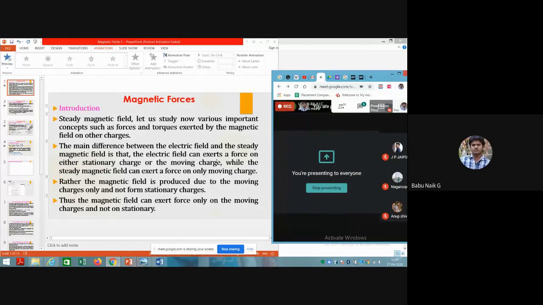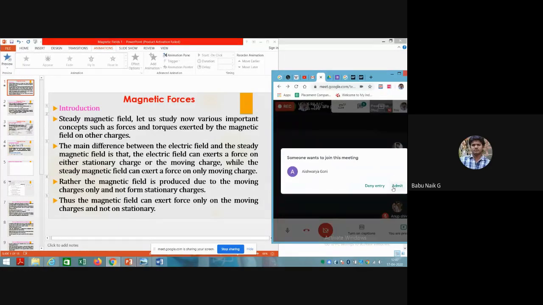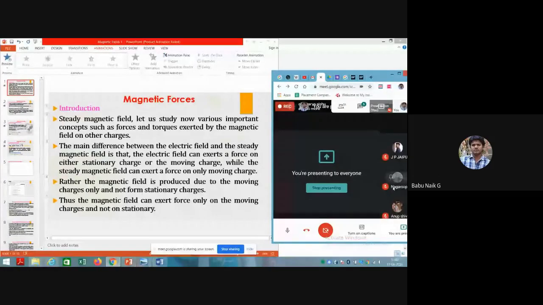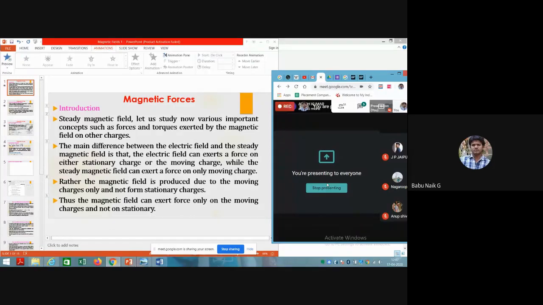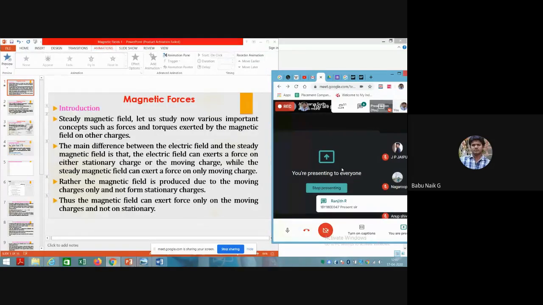At every point in the space where the magnetic field exists we need to calculate it, right? So we have discussed these problems and done some calculations also.